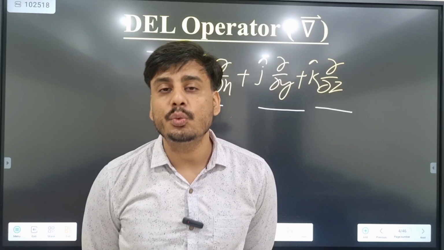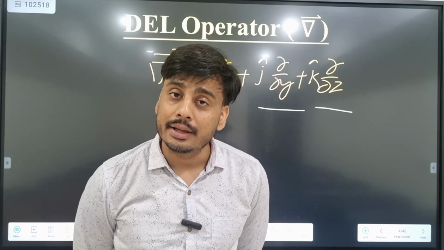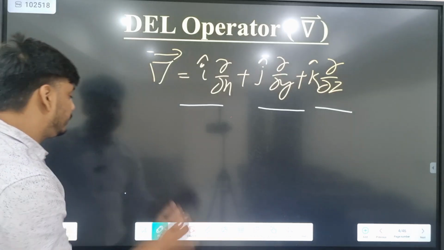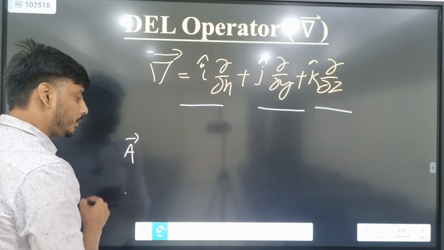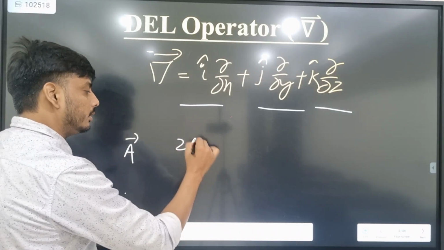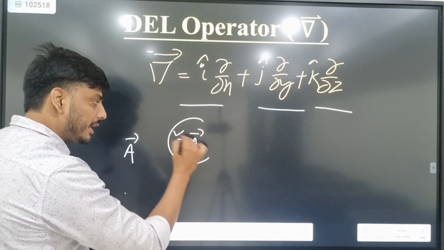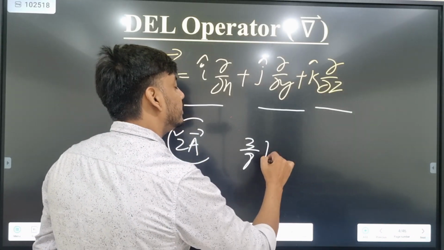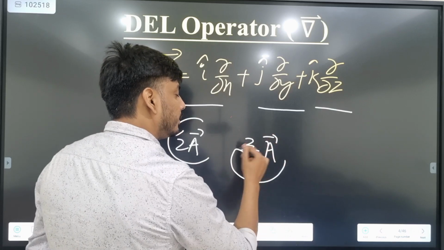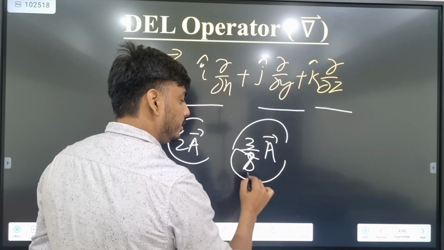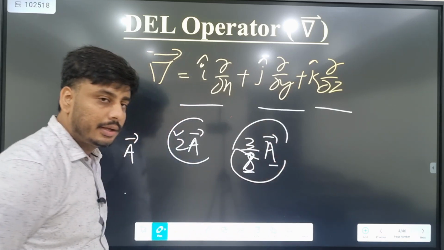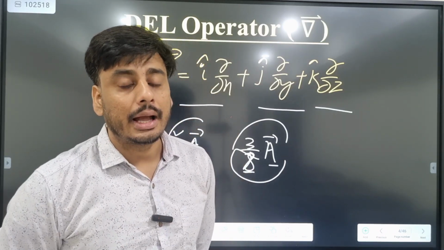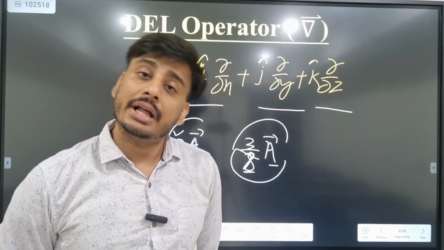Since it is a vector quantity, we can multiply a scalar with a vector. For example, if a is a vector, we can multiply 2a, that means a scalar is multiplied with a vector. We can multiply 3 by 8 a. So a scalar quantity can be multiplied with a vector, and a vector can be multiplied with another vector.